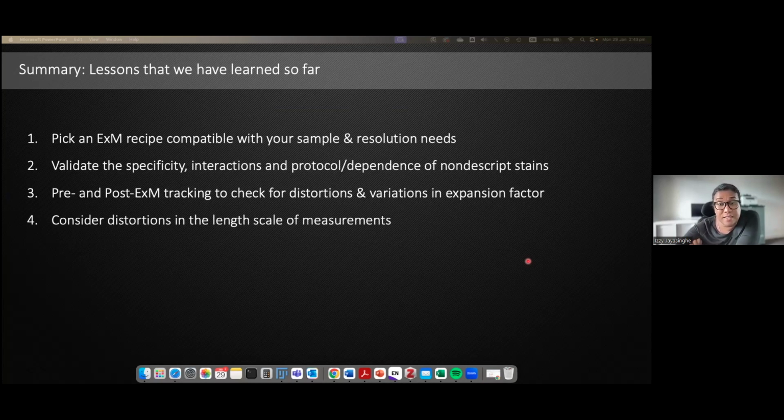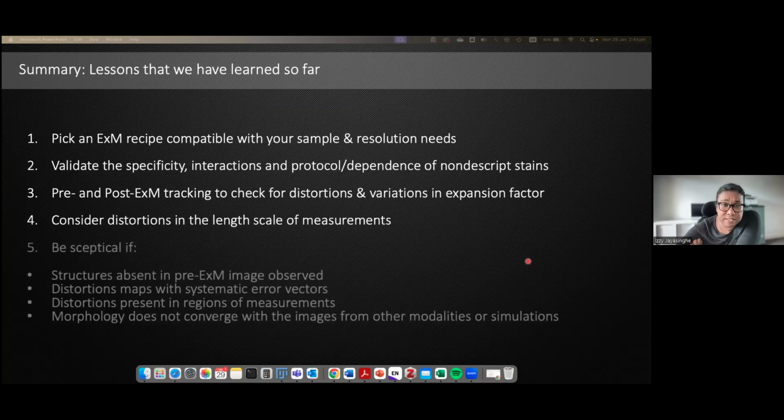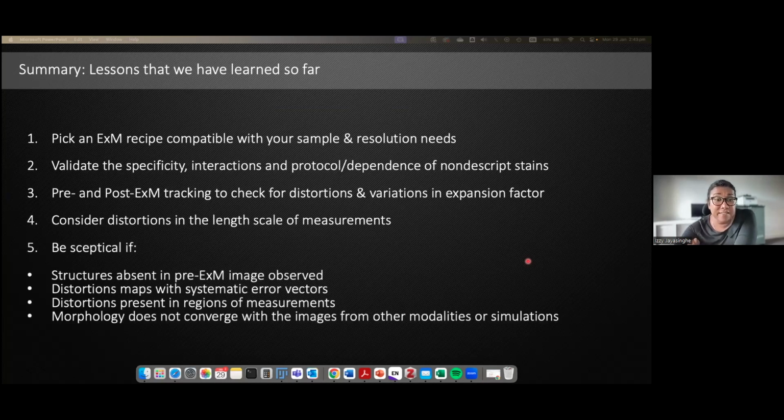And I think when you're making measurements, consider the length scales or the errors that it imposes, and always approach it with a level of skepticism. If you see structures that appear to disappear once you expand, ask what is happening.